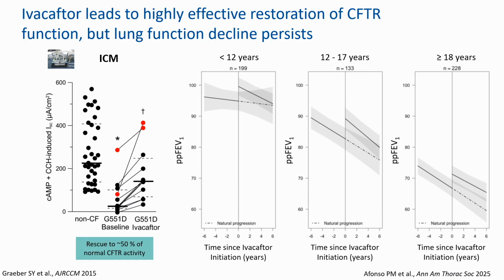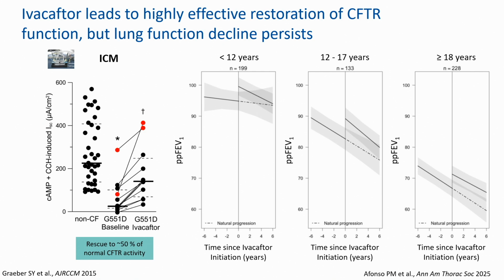And when we look at recent data on the history after initiation of ivacaftor, we see that in all age groups, even after initiation of this highly effective therapy, there is still a decline in FEV1, which is more prominent in the younger age group, but it's also still present, a decline in lung function after initiation of this highly effective modulator therapy.